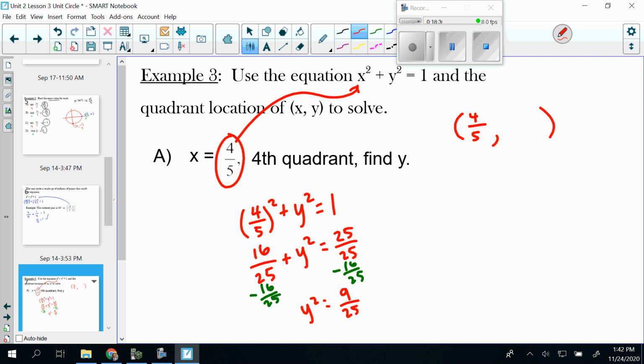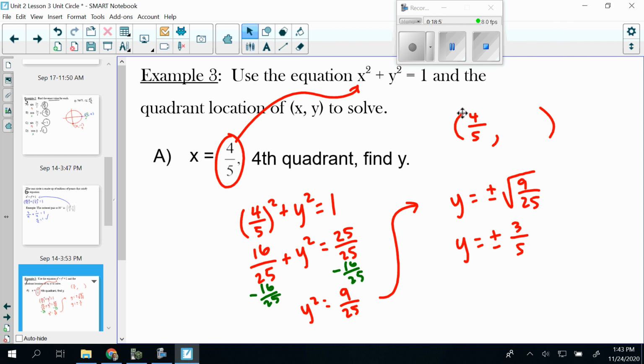Last thing now, I got a square root. If I square root this, y is equal to plus or minus the square root of 9/25ths, which means y is equal to plus or minus 3/5. All right, so which one should I select here? It does make a difference because this says we are in the fourth quadrant.